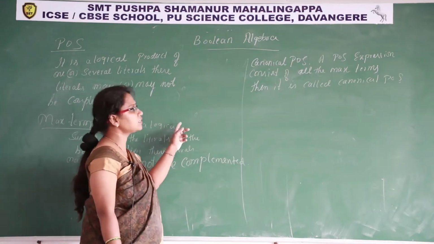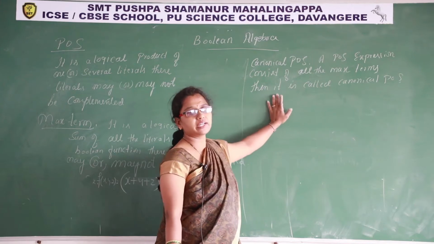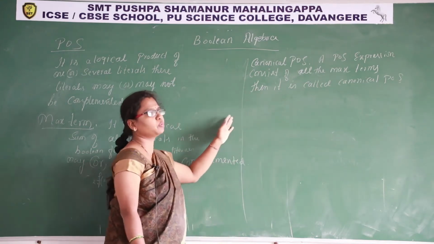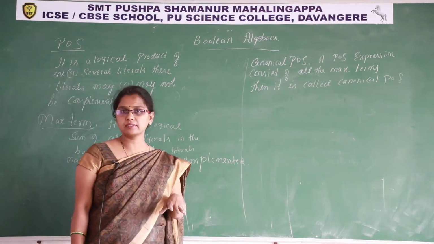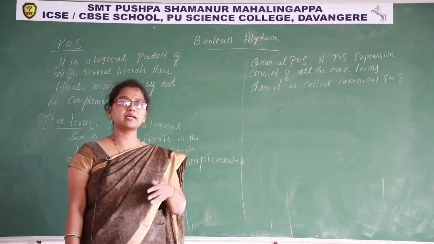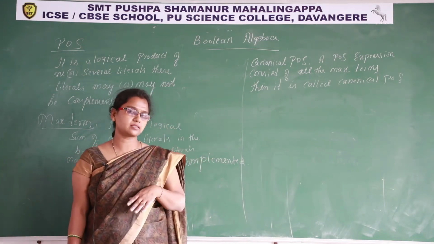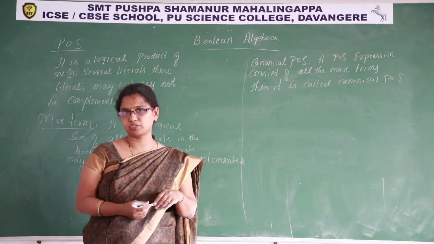If an expression consists of all max terms, then we call it a canonical POS expression. I hope you understood what is an SOP expression, what is a min term, what are literals, then how to convert SOP to canonical SOP, and what is meant by POS expression, max terms and canonical POS expression. Thank you.